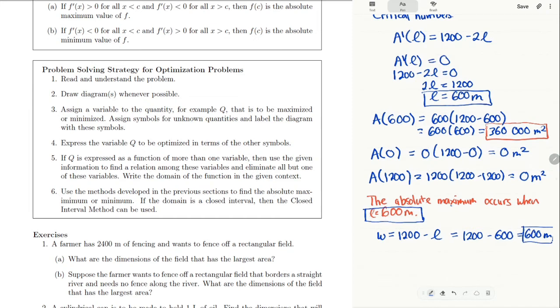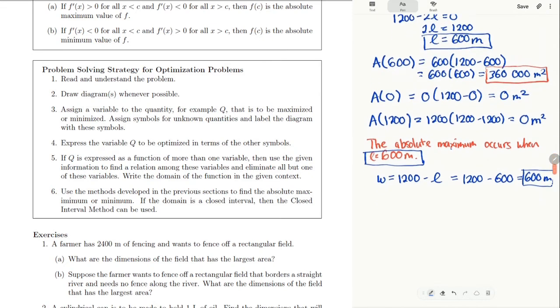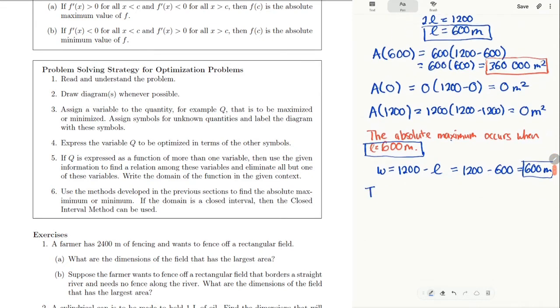And so these are the dimensions of the field that gives us the largest area. So the dimensions of the field with the largest area is 600 by 600 meters, which is a square.